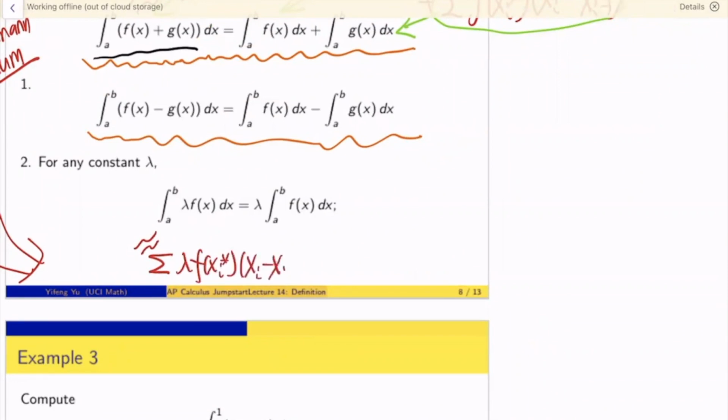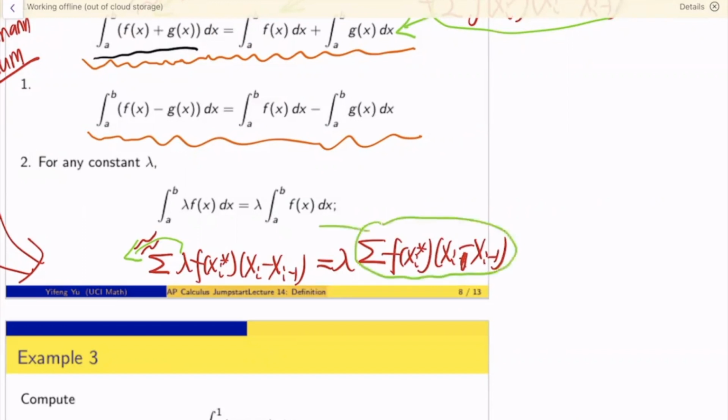Then you multiply by (xi minus xi-1) and sum them up. But then for this one, you can pull the lambda to the front, right? So this is lambda times the sum of f(xi*) times (xi minus xi-1). Now you see, what's this?